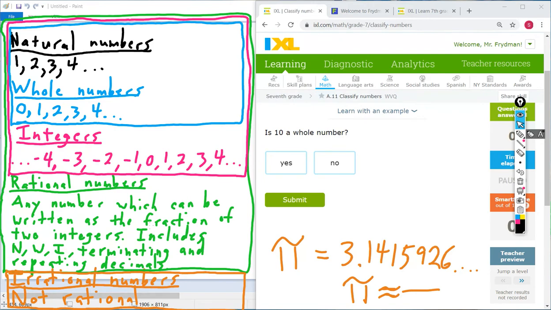Okay, so these two boxes, this big green box which goes around all of these things, and this orange box are completely separate. So if a number is included in one of these categories, then it's definitely not an irrational number. And if it is an irrational number, then it is definitely not included in any of these categories.